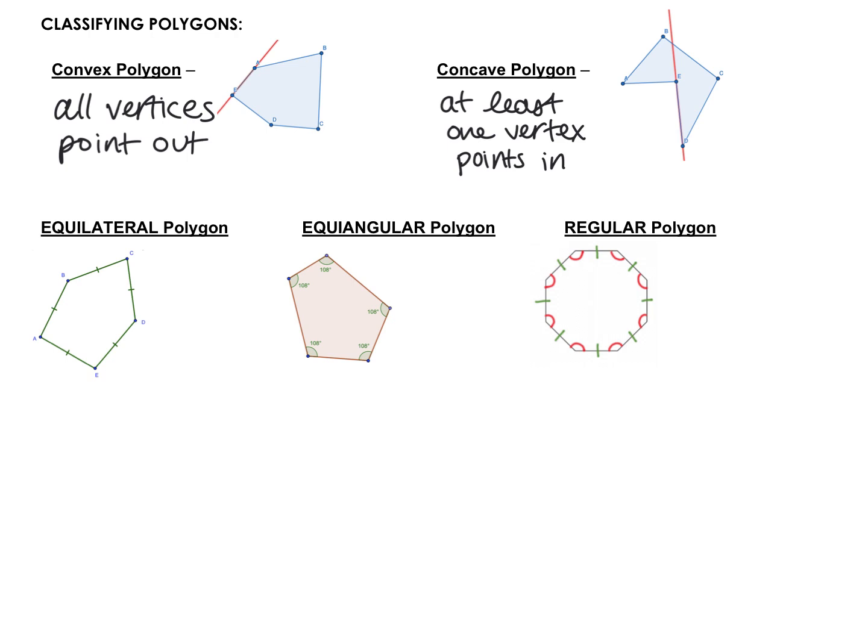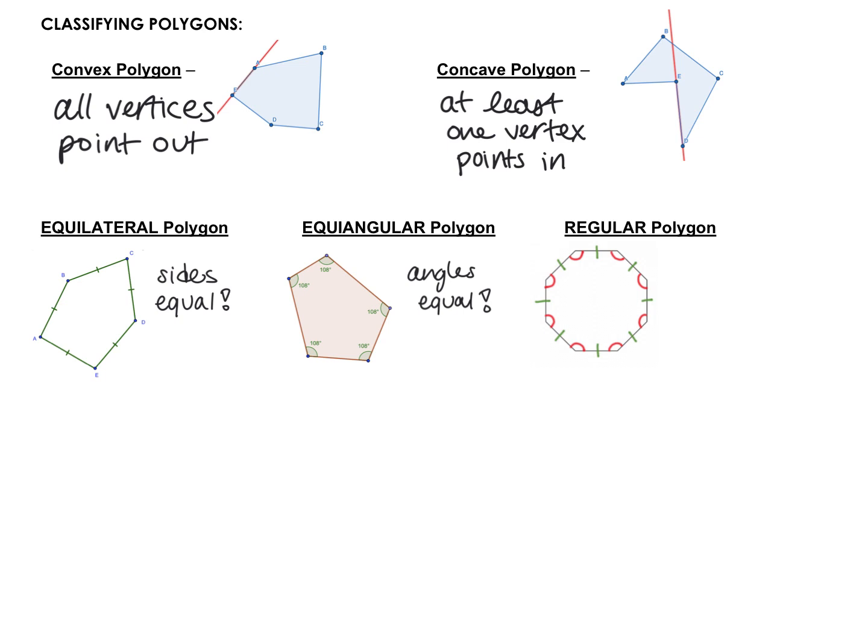Let's see, equilateral. We've discussed these before though. Equilateral, what is equal? Yeah, the sides are equal. Equiangular, what's equal? Angles. We discussed this with triangles, do you remember that? So we're just extending that knowledge to polygons.